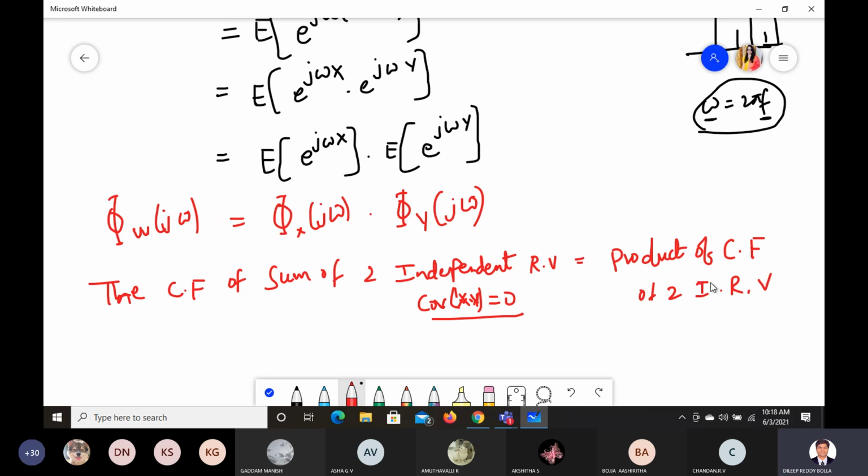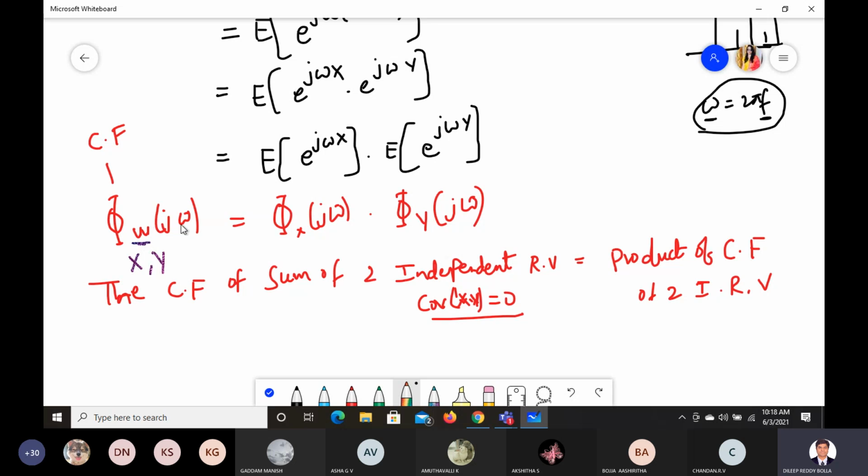What is the meaning of that final conclusion? This is the characteristic function for two random variables, here w with x and y, there are two random variables, correct?